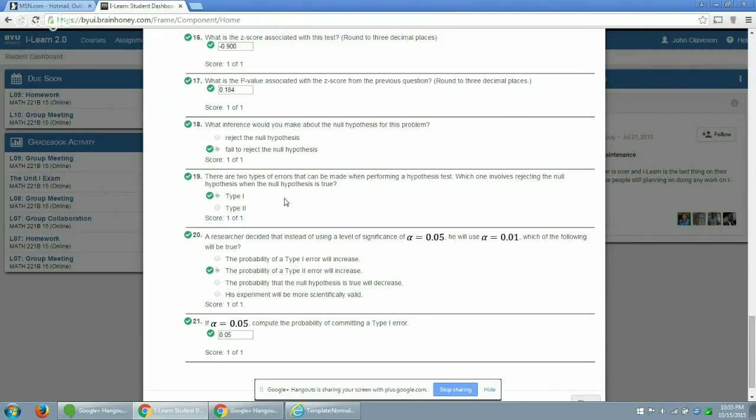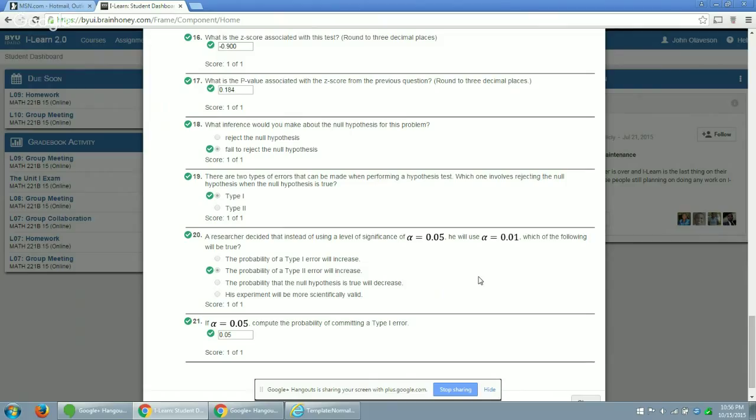A researcher decides that instead of using this level of significance, he will use this. When you lower or raise this value, like we talked about on page number 8, underneath the truth box, it says if the level of significance value is very small, the probability of committing a type 1 error is small, and the probability of committing a type 2 error will be large.